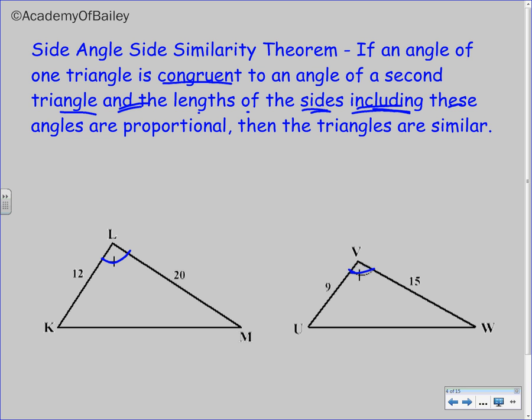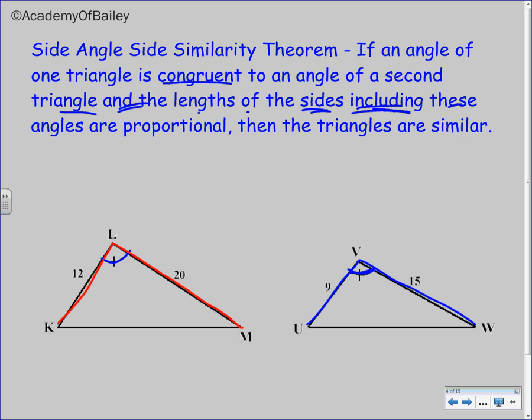So if I'm looking here at this angle V, what two sides make up angle V? That would be VU and VW. So those are the two sides that include angle V. Looking over at the left triangle, side KL and side LM include angle L.